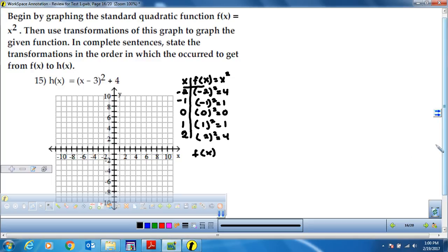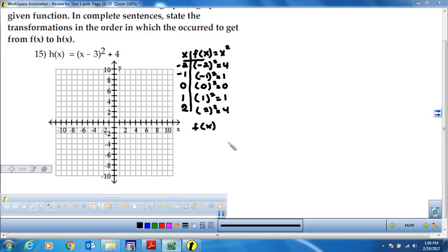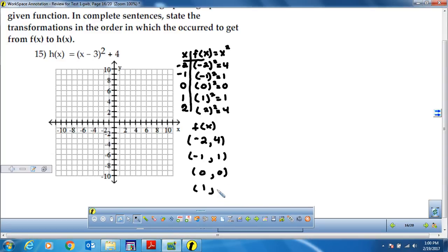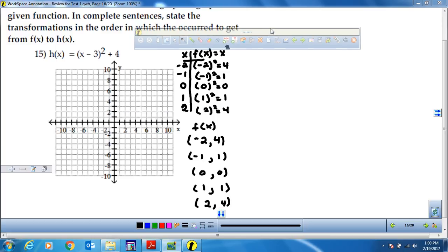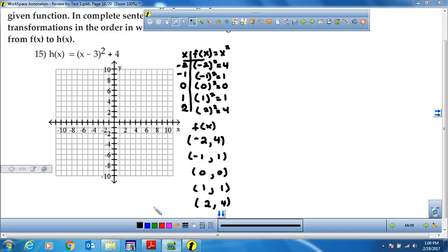So the function f of x is going to consist of the points (-2, 4), (-1, 1), (0, 0), (1, 1), and finally (2, 4). Okay? So this creates the function f of x equals x squared.